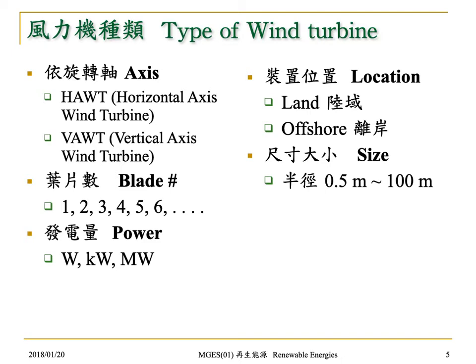The power rating ranges from watts for home usage, kilowatts for a small community, to megawatts for a large community. Then there's the location: land-based wind turbines, or offshore wind turbines on the sea. And depending on blade size, the radius may be from 0.5 meter all the way to 100 meters or above.